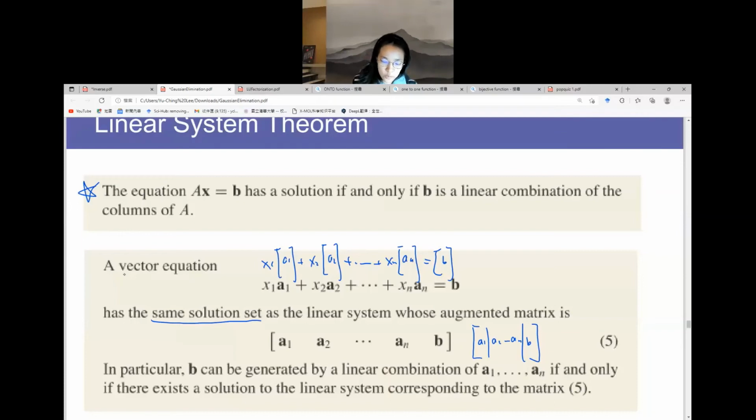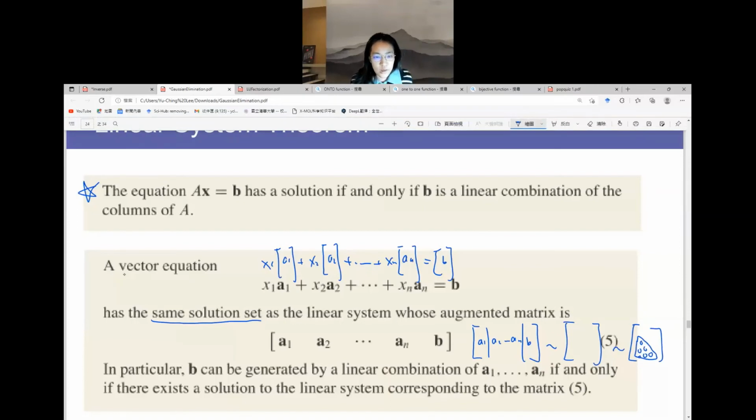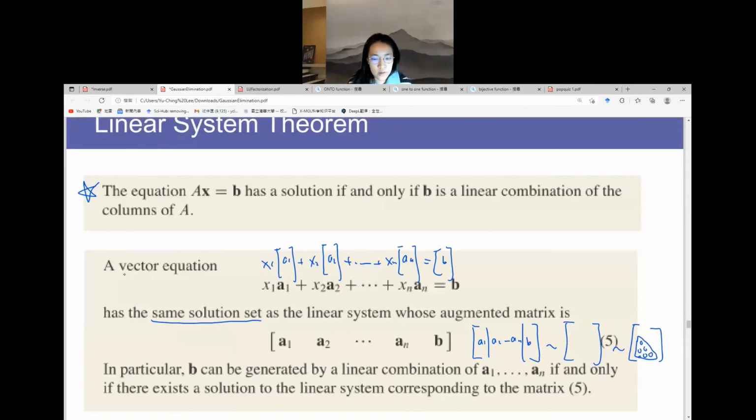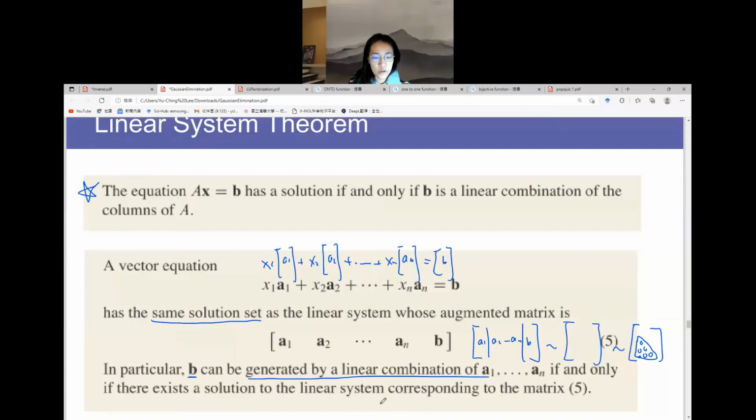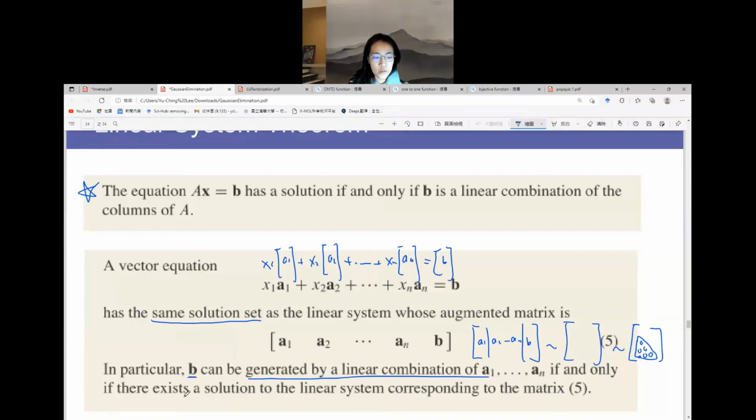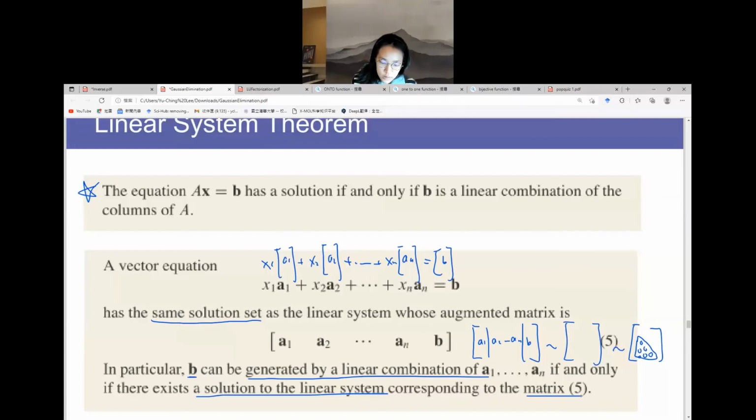So we can solve it using Gaussian elimination until we find the echelon form, and then solve for the solutions. In particular, such a b must be generated by a linear combination if and only if there exists a solution to the linear system corresponding to this matrix.